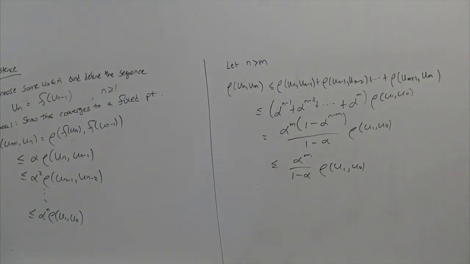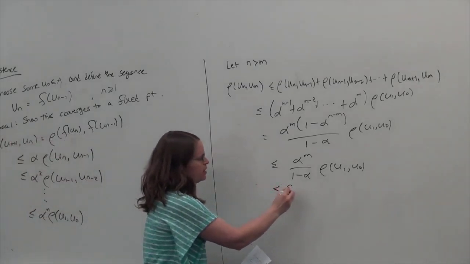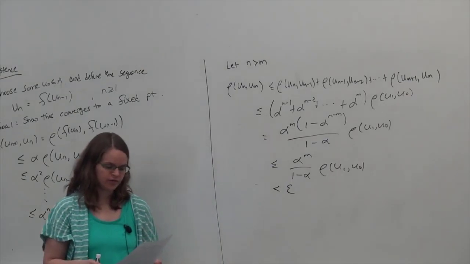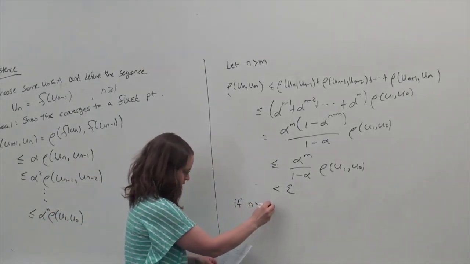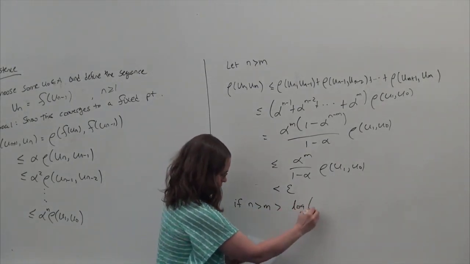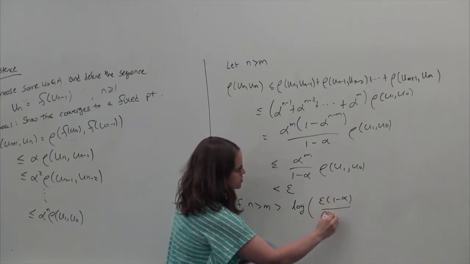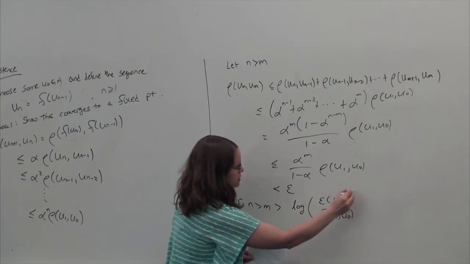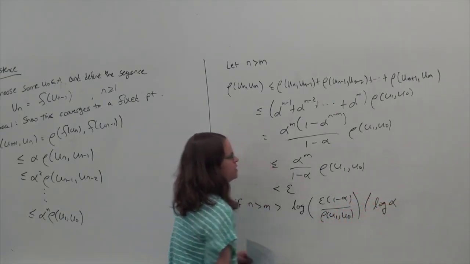And that's probably as simplified as I'm going to get. So I say, all right, can I make this less than epsilon? Well, this just involves solving for m. And this is something I can do if both n and m are bigger than the log of epsilon times 1 minus alpha over the distance between u1 and u0, divided by the log of alpha.